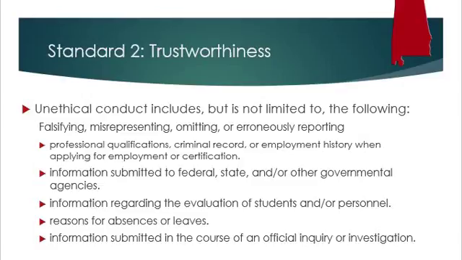Unethical conduct examples are the following: falsifying, misrepresenting, omitting, or erroneously reporting any of the following: professional qualifications, criminal record, or employment history when applying for employment or certification, information submitted to federal, state, and/or other governmental agencies, information regarding the evaluation of students and/or personnel, reasons for absences or leaves, or information submitted in the course of an official inquiry or investigation.